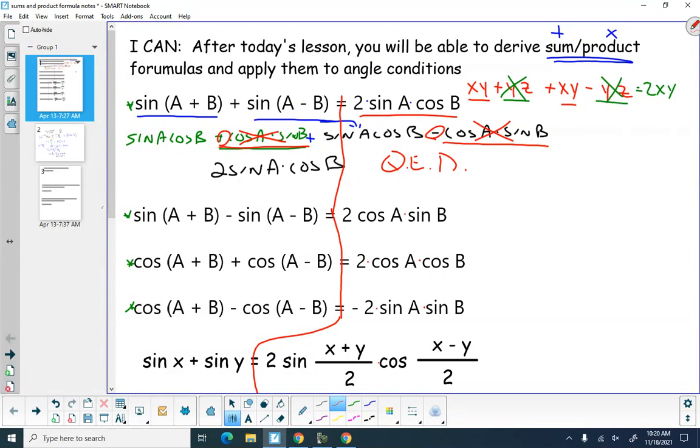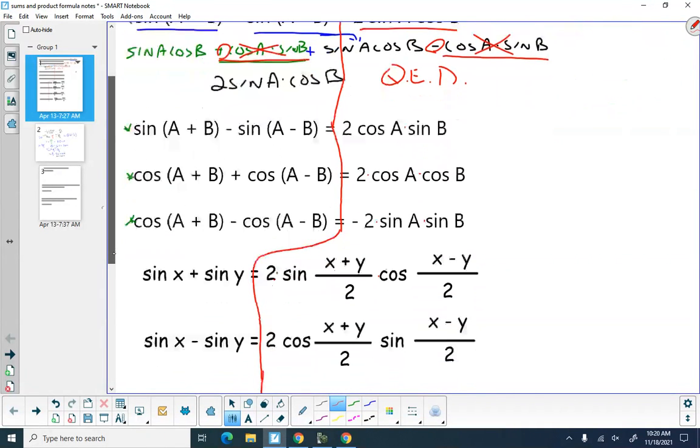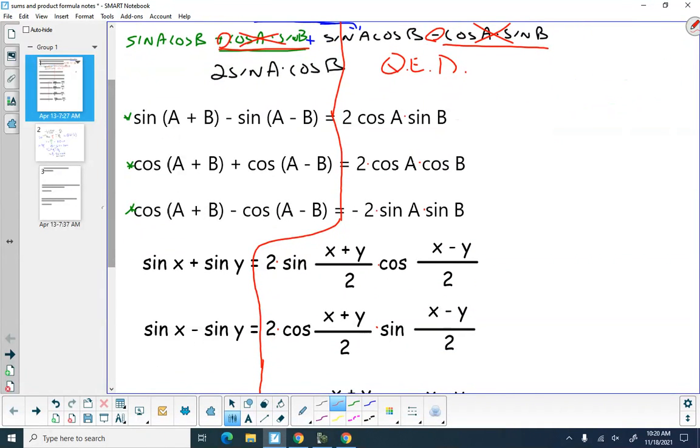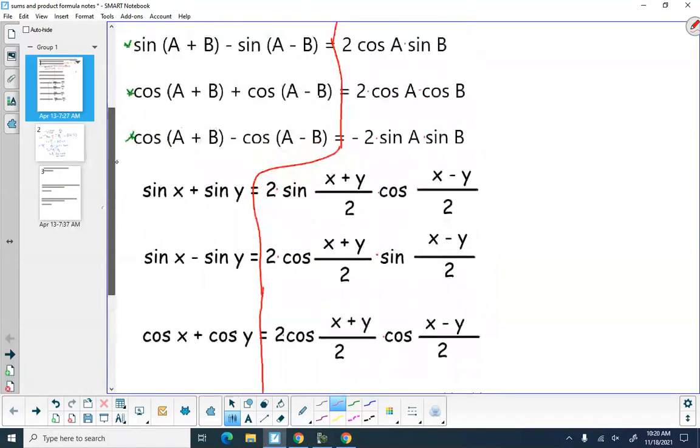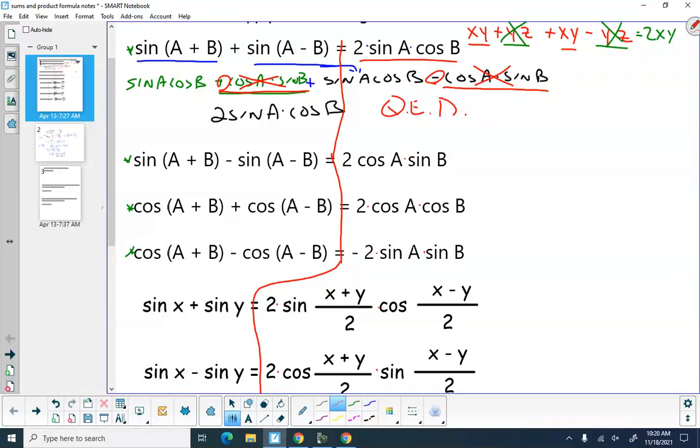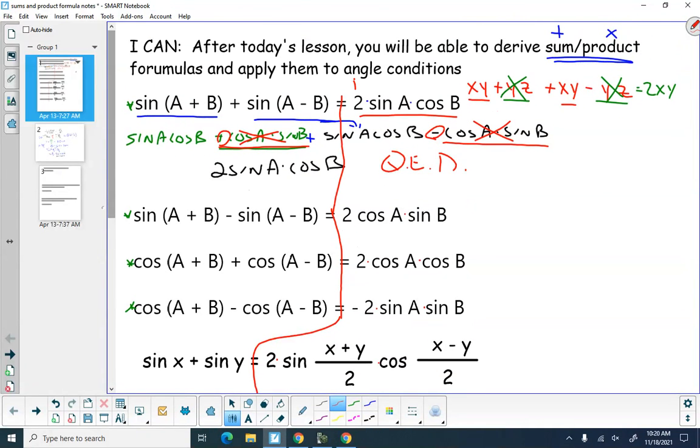This is all multiplication here. So on the right-hand side, we have all your products, because we have all multiplication.